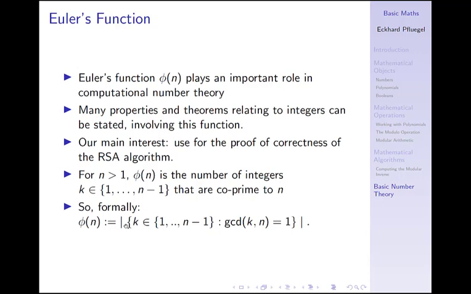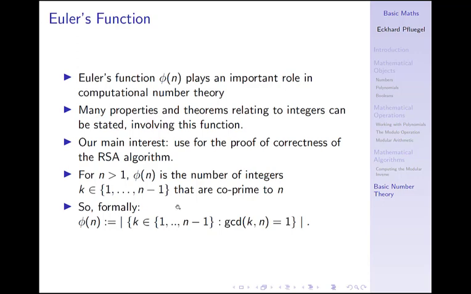It looks complicated, but really those bars to the left and the right just mean the size of a set. So what we're interested in is the set, written with the curly brackets here. That set is a subset of the set of numbers from 1 to n minus 1, so we're doing exactly what I have written informally.